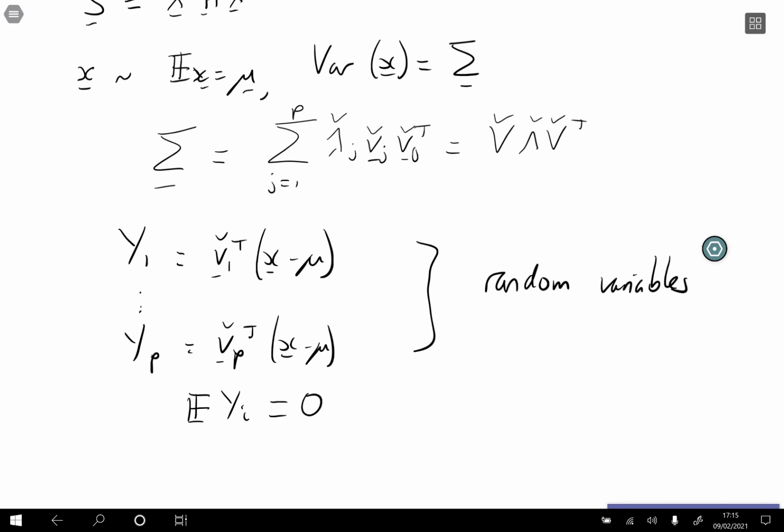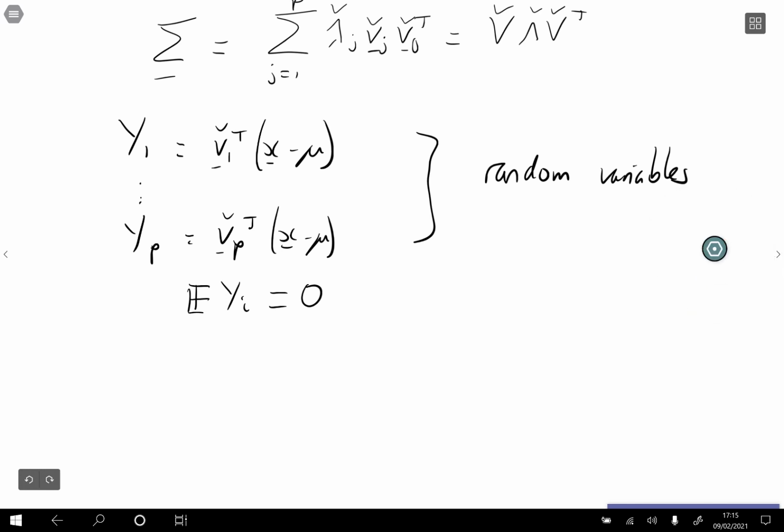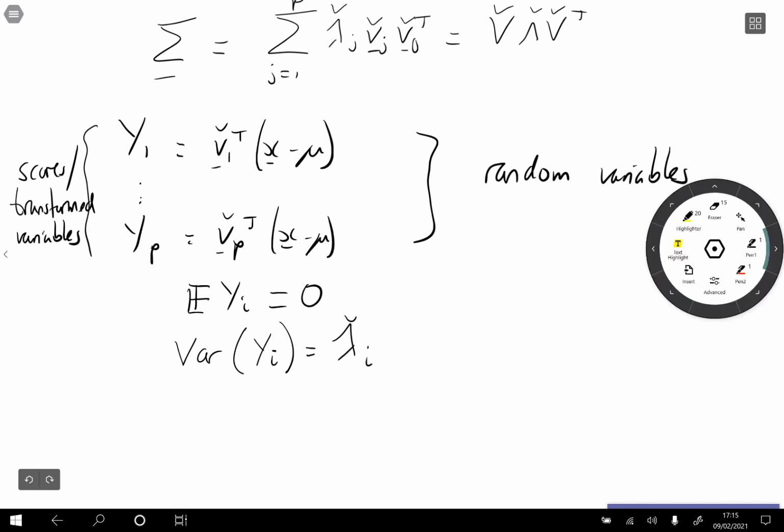Just as we did previously, and we're not going to bother proving it now, what we're going to find is that these principal component scores, these transformed variables, are going to be mean 0. They're also going to have variance given by the eigenvalues, check, and the correlation between yi and yj is going to be 0.